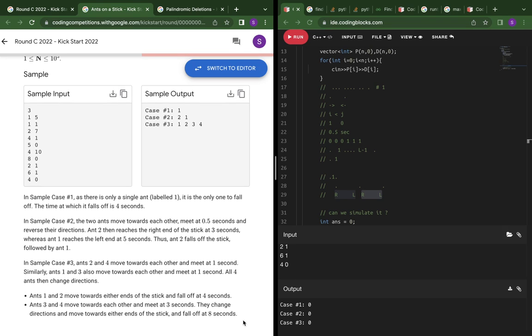How do I simulate this? I thought I could only take care of the outermost ants, but that's not true because we have to keep track of these ants' position as well.